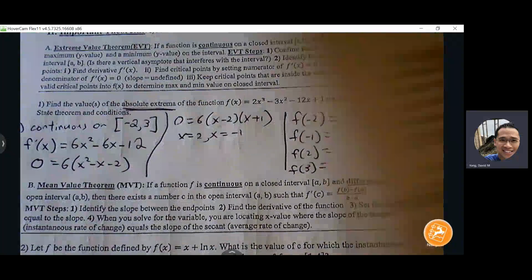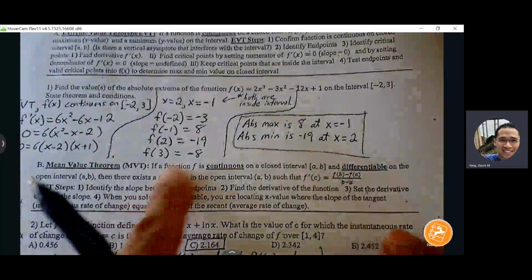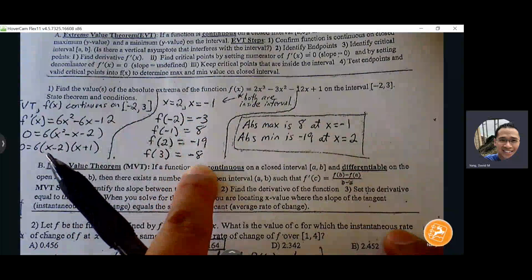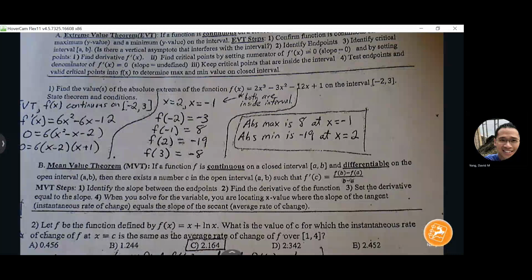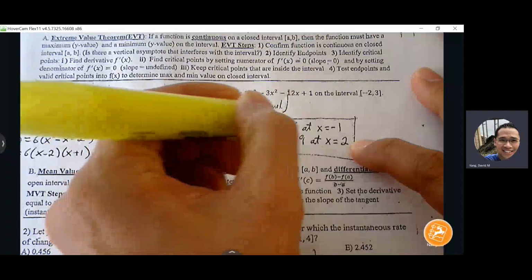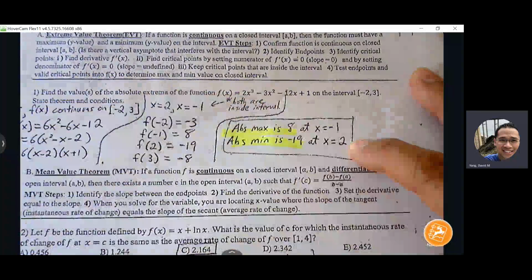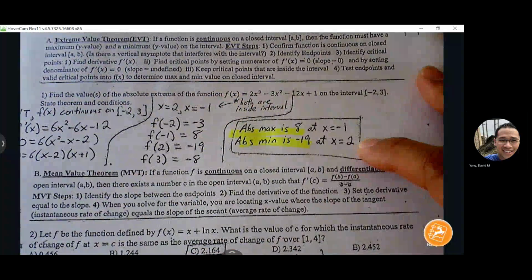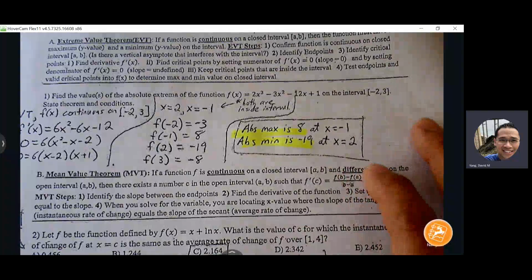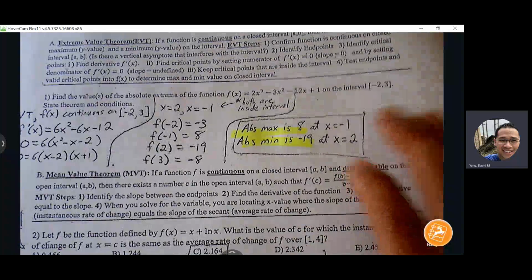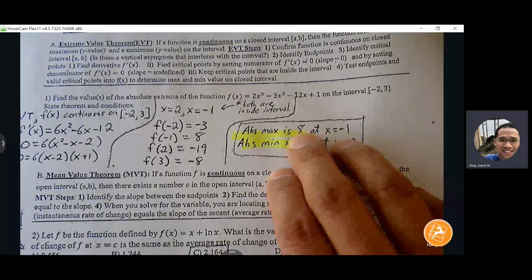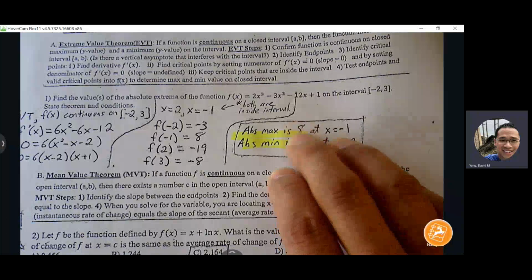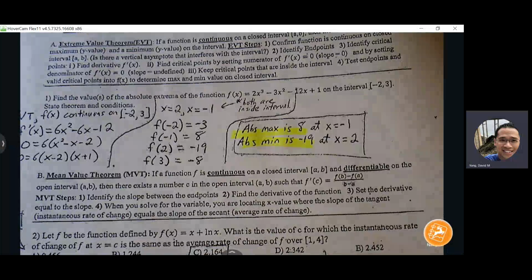Okay, to save some time, if you put all this into the calculator, you're going to arrive at these y values. The important thing is the y values. Don't focus on the x value. It's the y value that's important. If it's asking for absolute max in a multiple choice question, and one answer choice has 8 and another has -1, -1 will be incorrect. It's the 8 that the problem is looking for.